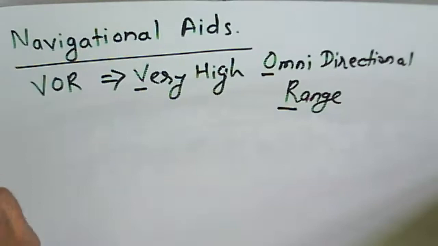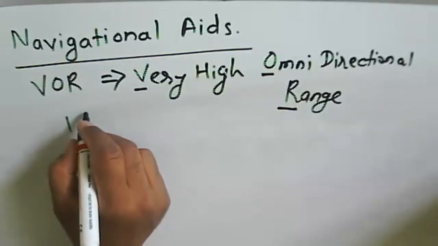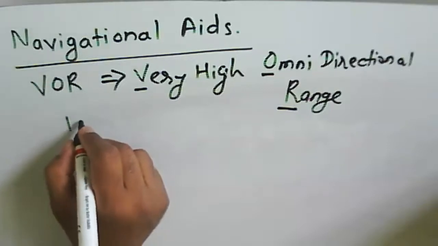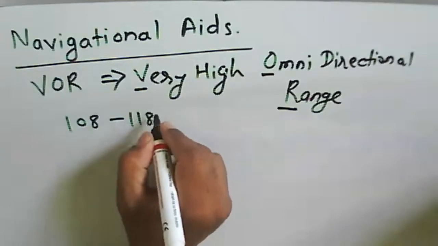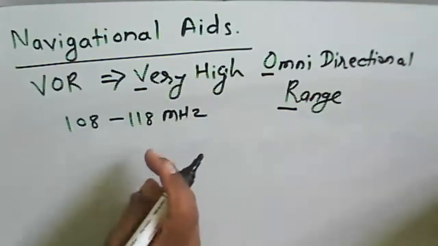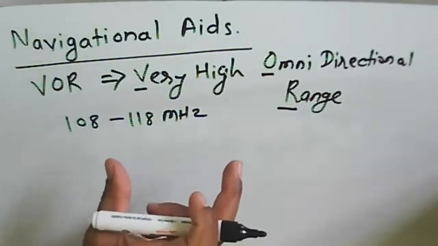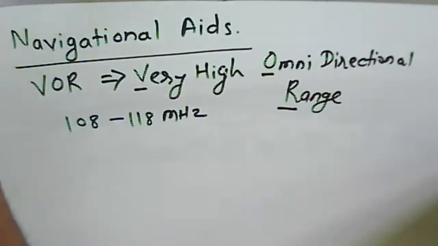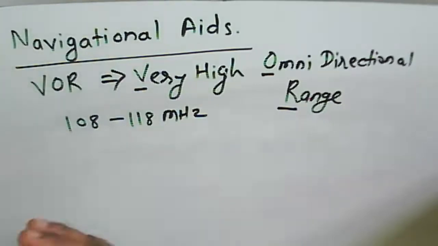Now if you consider the range of this VOR, it operates in the VHF band, from 108 megahertz to 118 megahertz. It's like providing a signal. We can say that it can transmit the signal to the aircraft and then receive the signal from the aircraft.